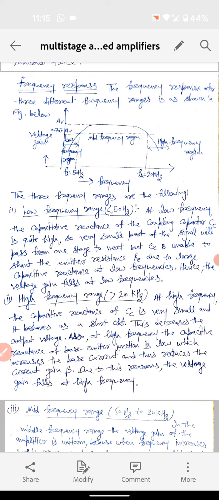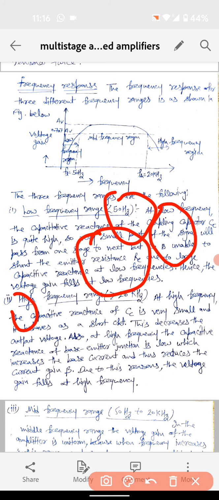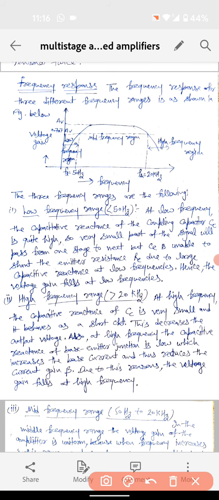So at the low frequency range, what will happen? Because the frequency is low, the capacitive reactance of the CC, which we have used in the circuit, if you remember, is Xc = 1/(ωC). The omega, the frequency, is low. For low frequencies, the reactance Xc, I believe you are getting my point.